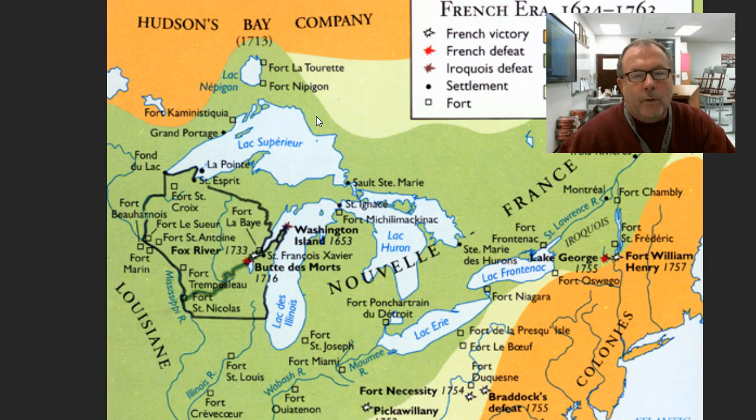In Europe, this war was called the Seven Years' War, but in North America, it was called the French and Indian War. And as you can see from this map, the French forts, located by the squares, are all located around the Great Lakes to protect it from English encroachment, identified here in the orange part of the map.